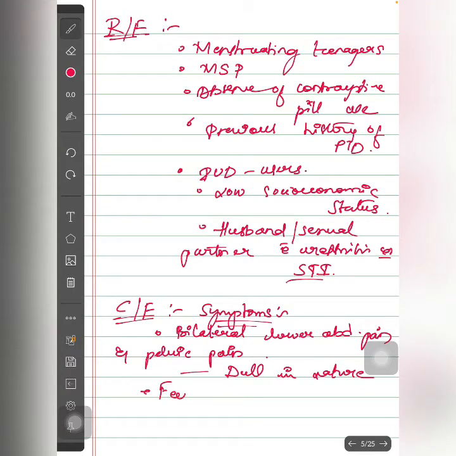Next, irregular and excessive vaginal bleeding, which is usually due to association with endometritis. There is nausea, vomiting, abnormal vaginal discharge, and dyspareunia, which is a painful sexual act.